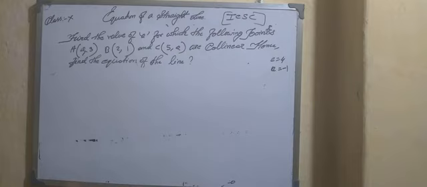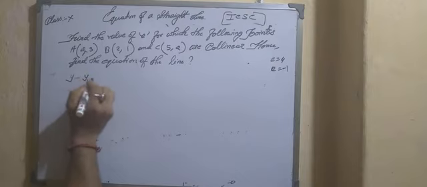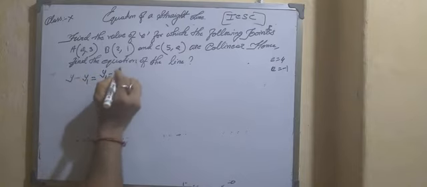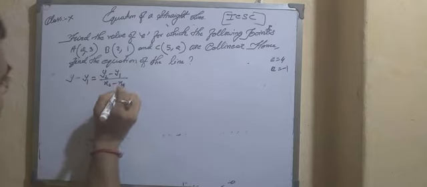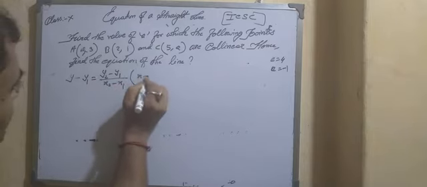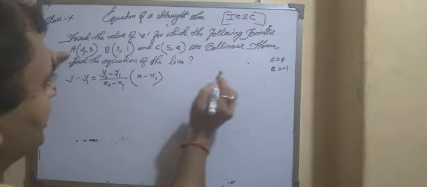So by using 2 points, we have a formula to derive the equation of a straight line: y minus y1 equal to (y2 minus y1) over (x2 minus x1) into (x minus x1). Here for the first point, a is equal to 4.